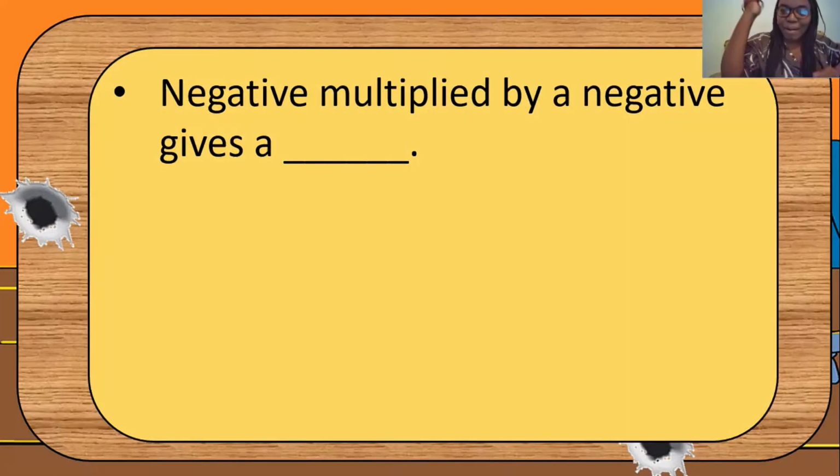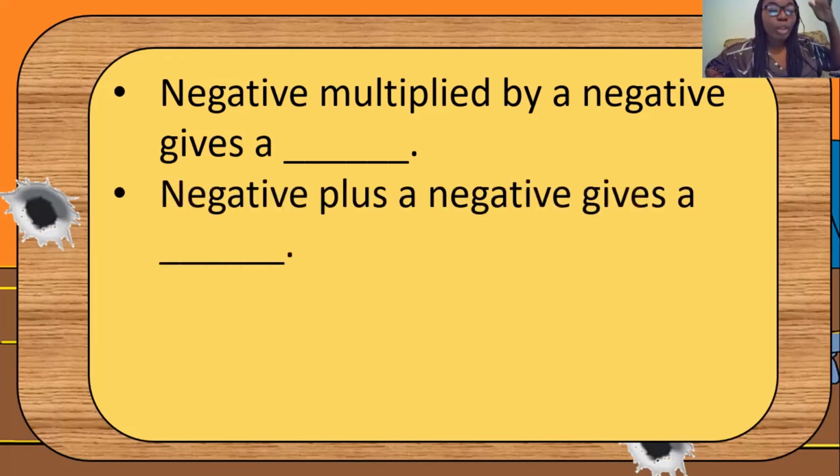When you add, a negative plus a negative gives a negative, because you owe and then you go ahead and owe some more, so you are definitely still owing. So when you multiply two negative numbers, you get a positive number. However, when you add two negative numbers, you get a negative number.